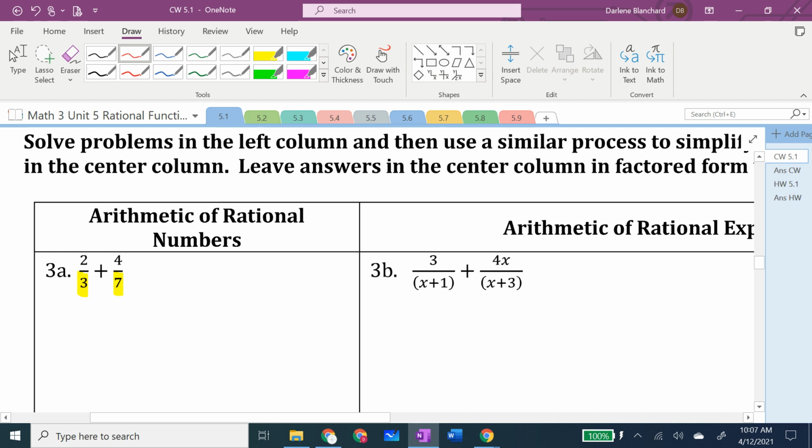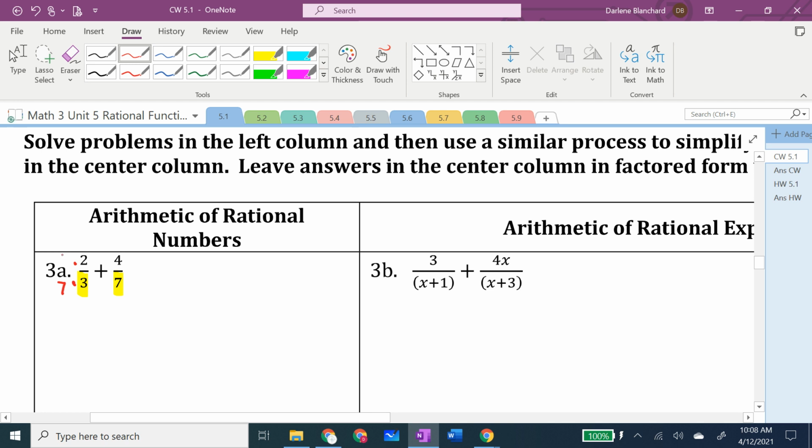So if you have two things where they have no common factor, you're just literally going to bring the other one in there. So the fraction on the left, you need to multiply its denominator by 7, the other denominator.